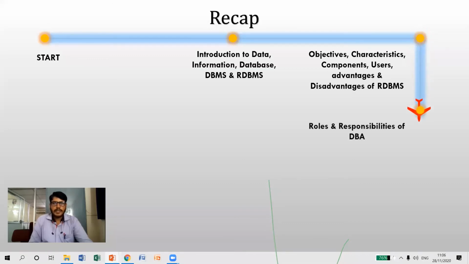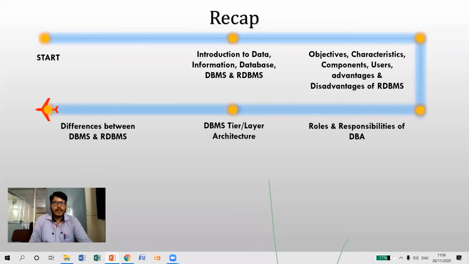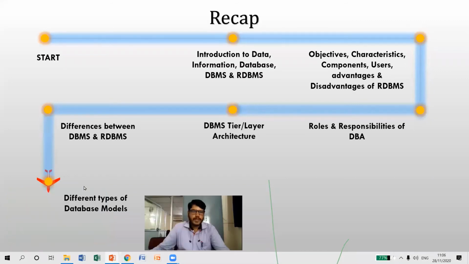Later on, we discussed the roles and responsibilities of the database administrator. Later on, we discussed the different layer architecture of the DBMS. Later on, we discussed differences between DBMS and RDBMS. Later on, we discussed different database models, different types of database models.